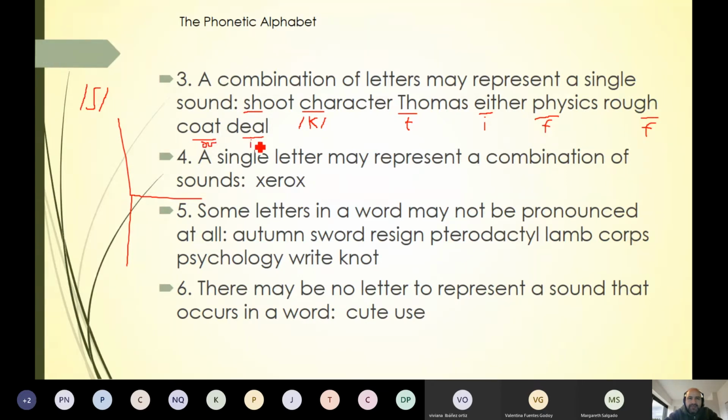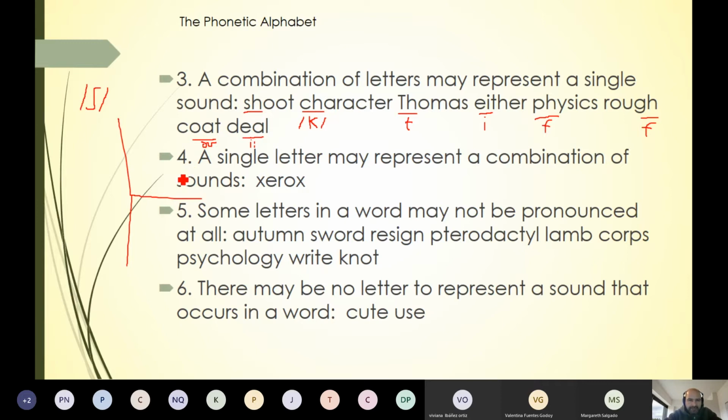So we have a combination of two letters which represent one single sound. Two letters, one single sound, not like in Spanish or other languages in which each individual sound represents one letter.